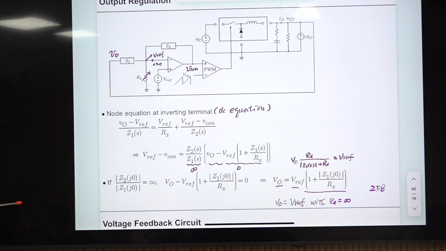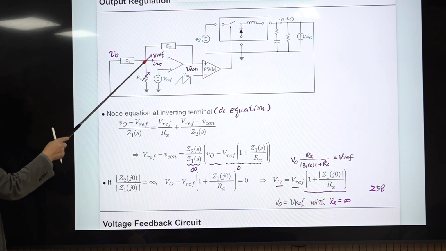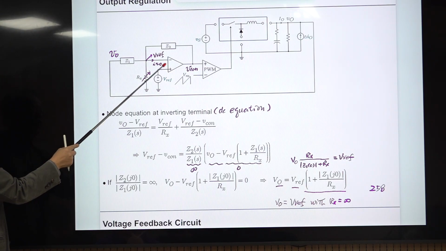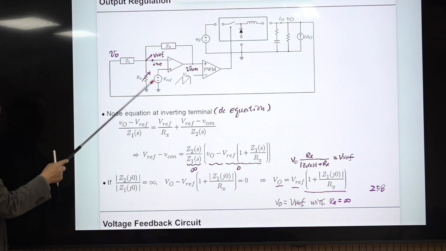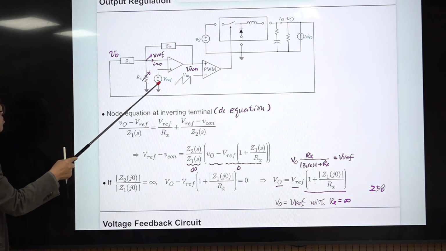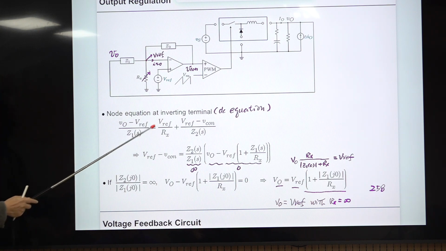This is very easy. Whenever you see this op-amp, try to set up the load equation at the inverting terminal, which is this one, VO. Because of the virtual short, this is ground. I'm talking about DC.